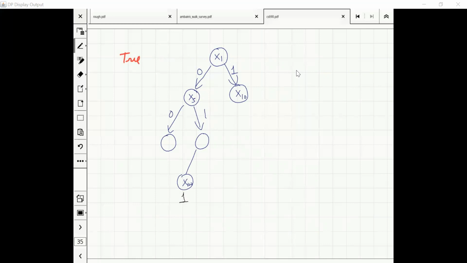And similarly, there might be a path where I query, let's say, x98, and I say that the value is 0. This represents an algorithm.